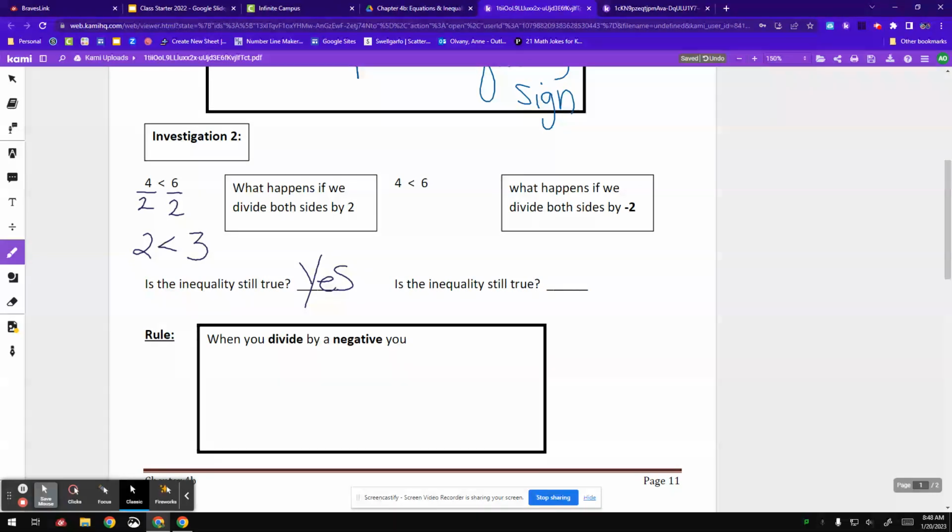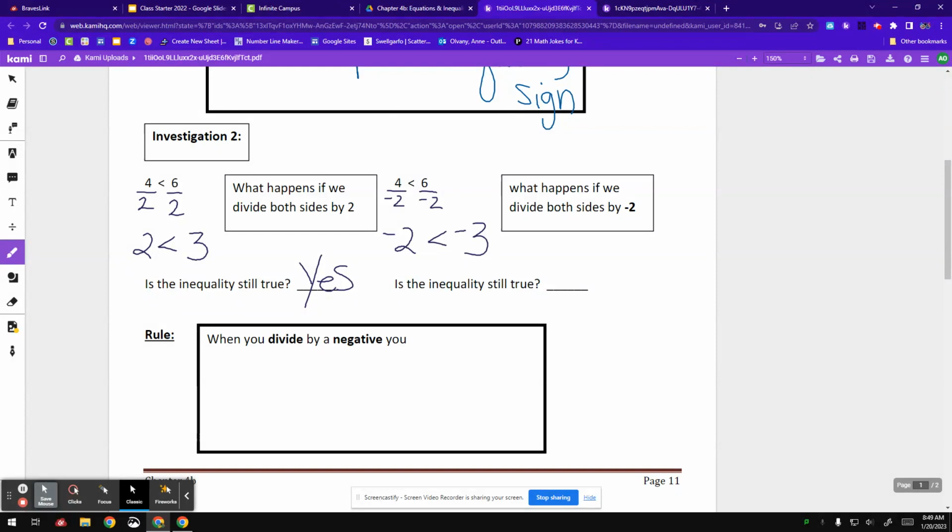Let's try dividing by negative 2. Negative 2 is less than negative 3. This is a little tricky, so I like to look at my number line. Which one is more left? This one. So negative 3 is less. That is no longer a true statement.